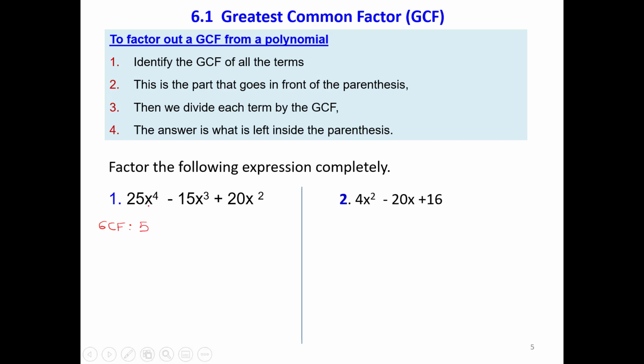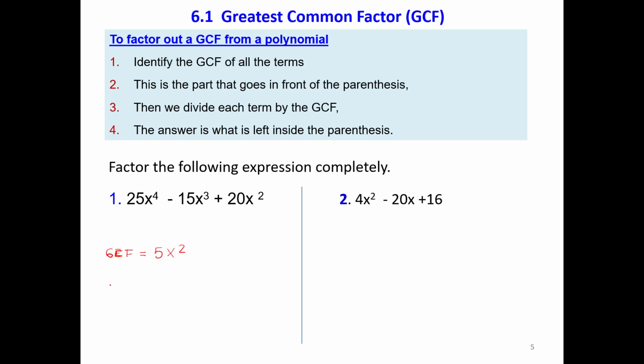Now the variables, x to the 4, x to the third, x to the second. Let me write this one a little down. To the second. Then for the variables, x is the common variable, but the lowest exponent is x to the second. Then the greatest common factor equals 5x to the second.